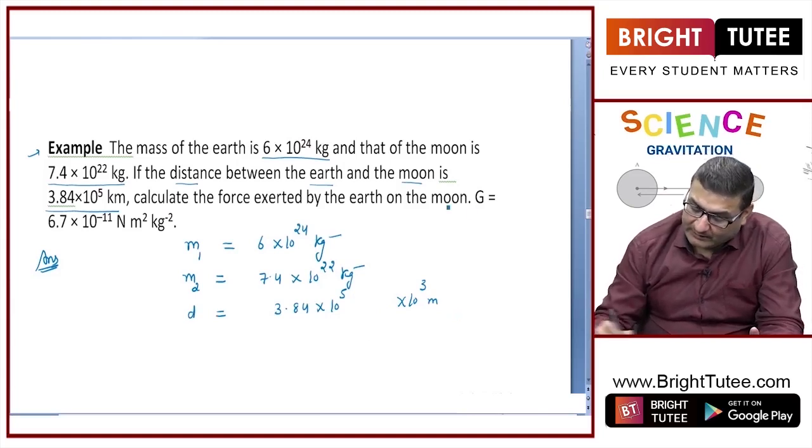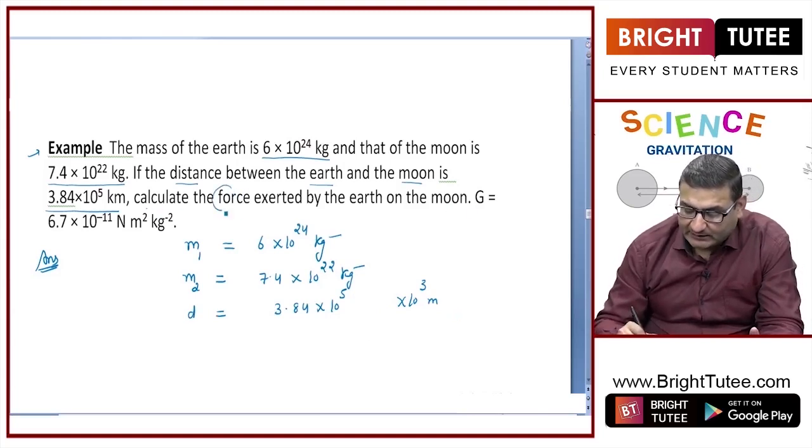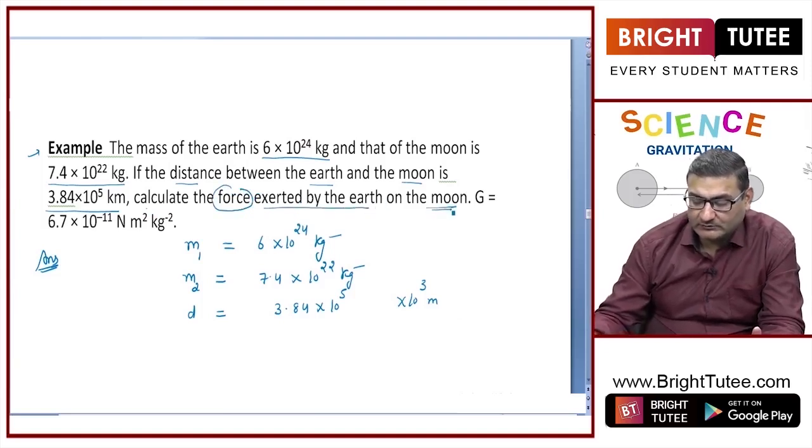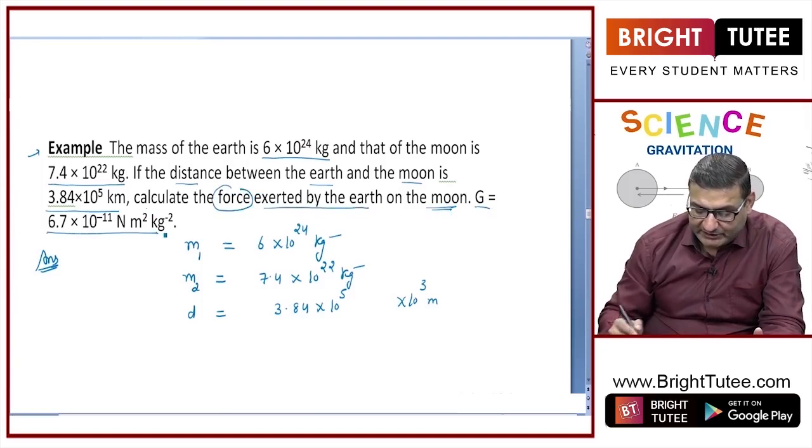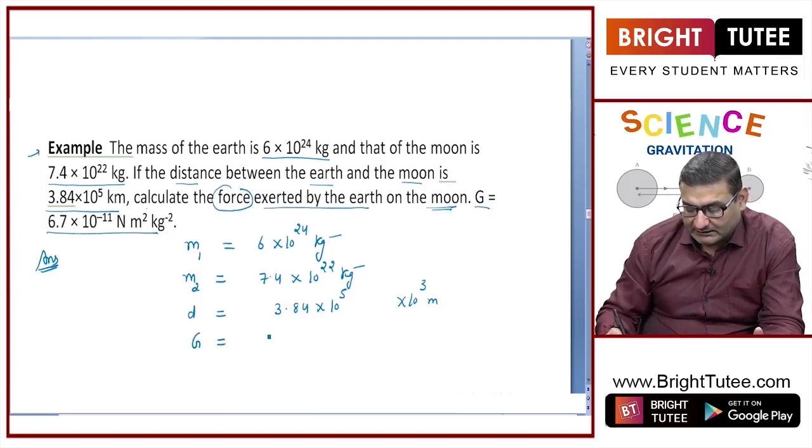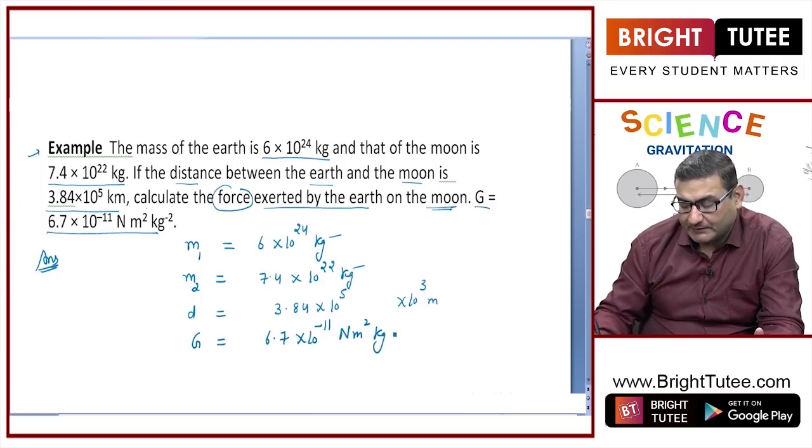Now, we need to calculate the force exerted by the earth on the moon. The value of G is given in the question, rounded off to 6.7 into 10 to the power minus 11 newton meter square per kilogram square.